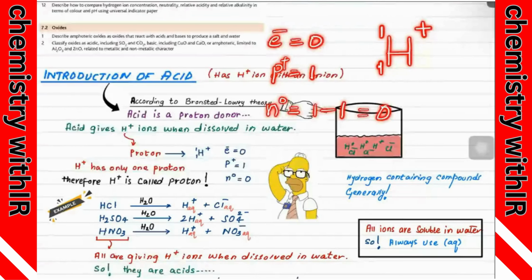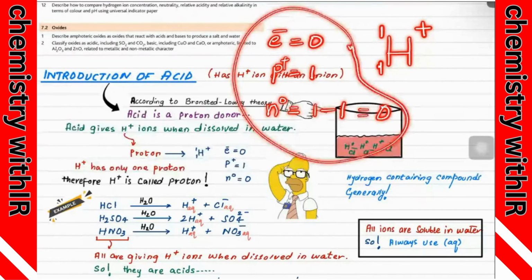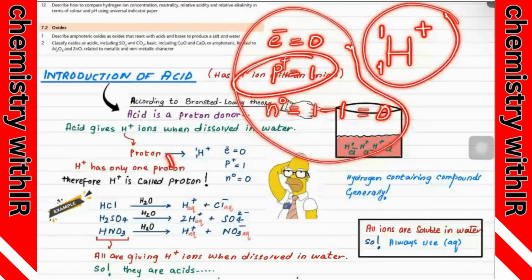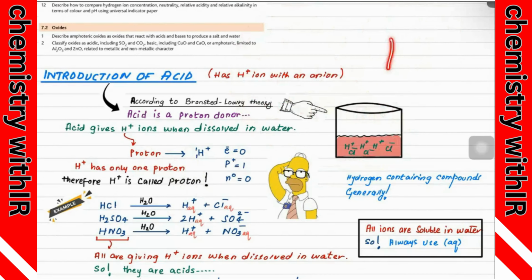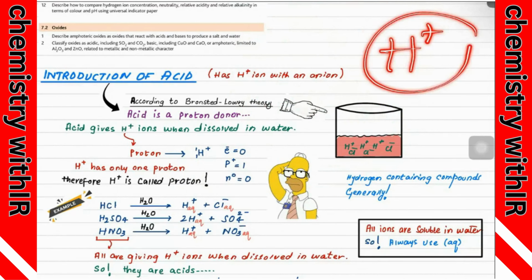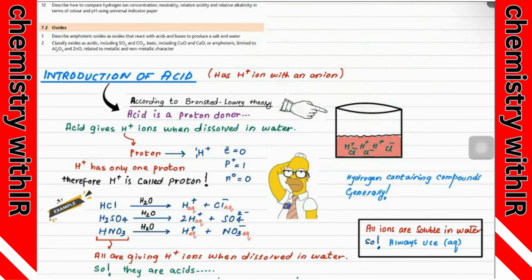Since it has only one proton, this is known as proton. But you cannot call it a proton if you have a hydrogen atom. When you see the H positive ion, it is called proton because it contains only one proton.